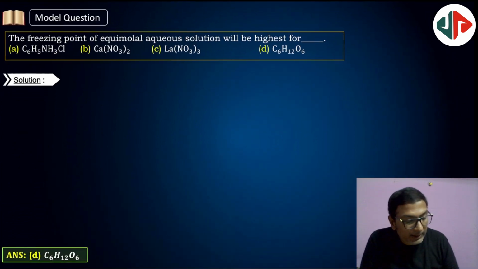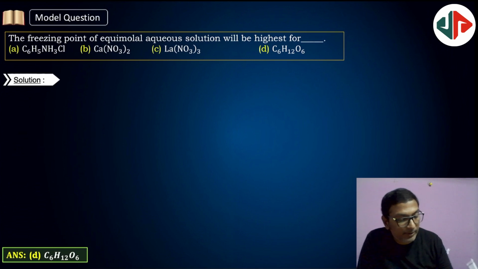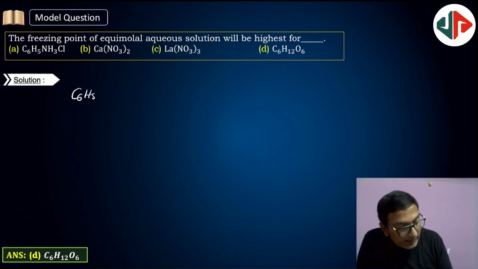The freezing point of equimolar aqueous solutions will be highest for which? First C6H5NH3 plus Cl minus: van't Hoff factor is 2.